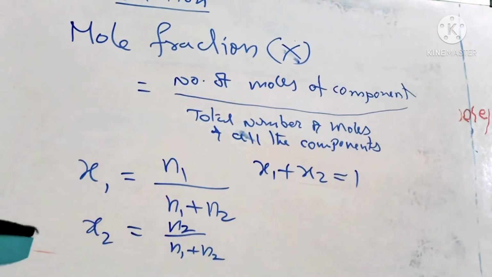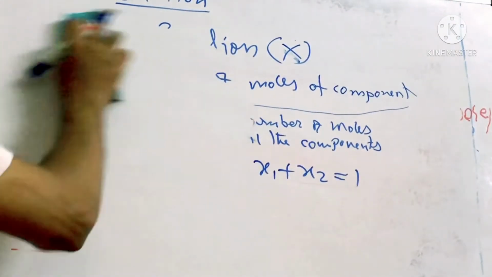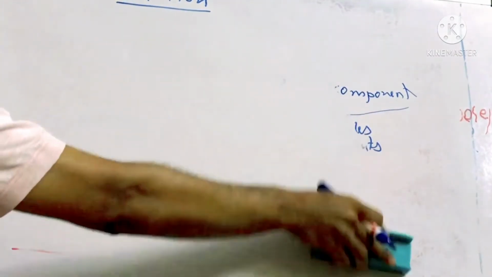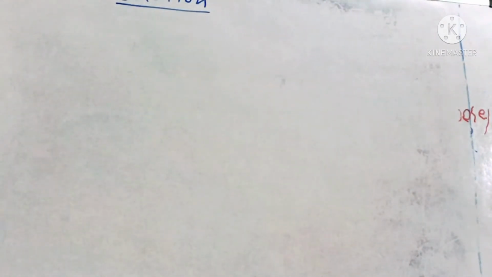Okay. So these are the major four types of units used to represent the concentrations of solutions. There are also other small units mostly used for representing smaller concentrations, for example ppm and mass percentage.